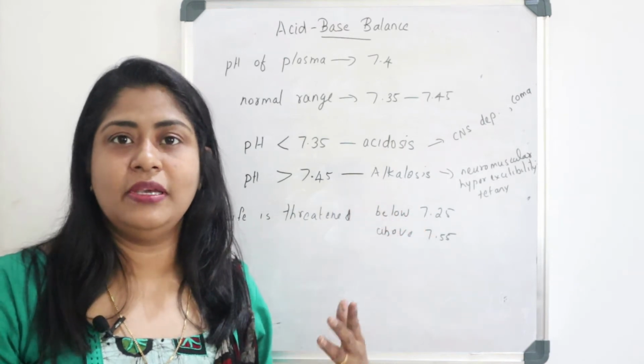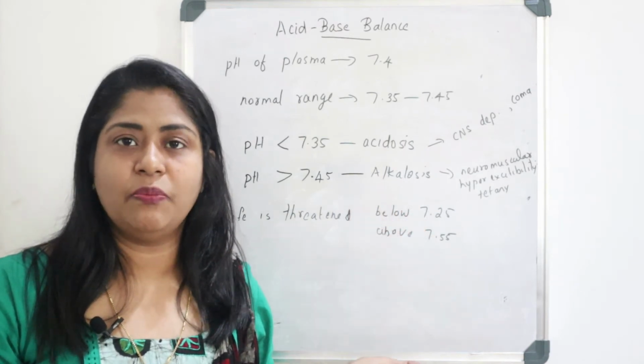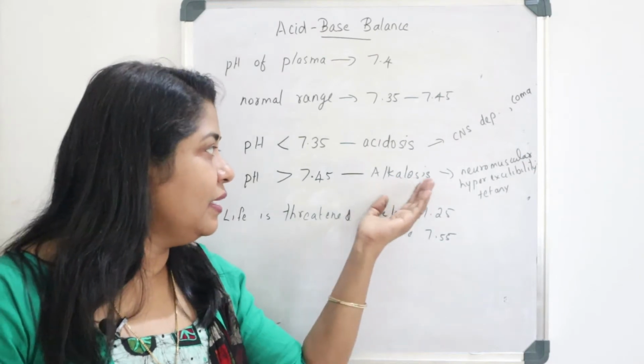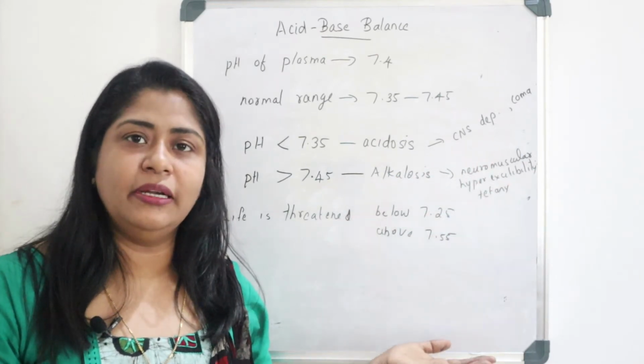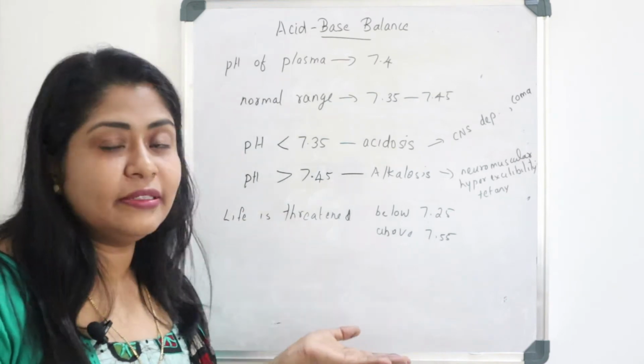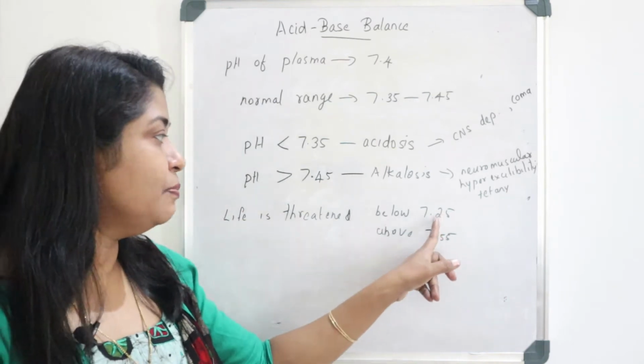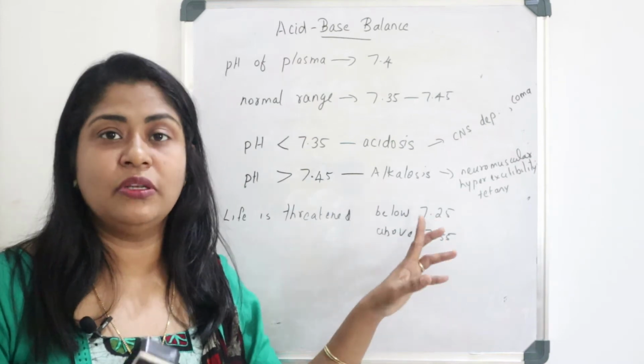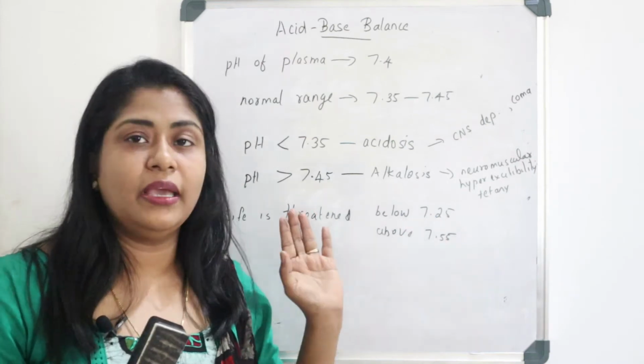Alkalosis means pH is above 7.45, and that leads to neuromuscular hyperexcitability, again tetany, etc. And life is threatened if the pH value is below 7.25 or if it goes above 7.55.